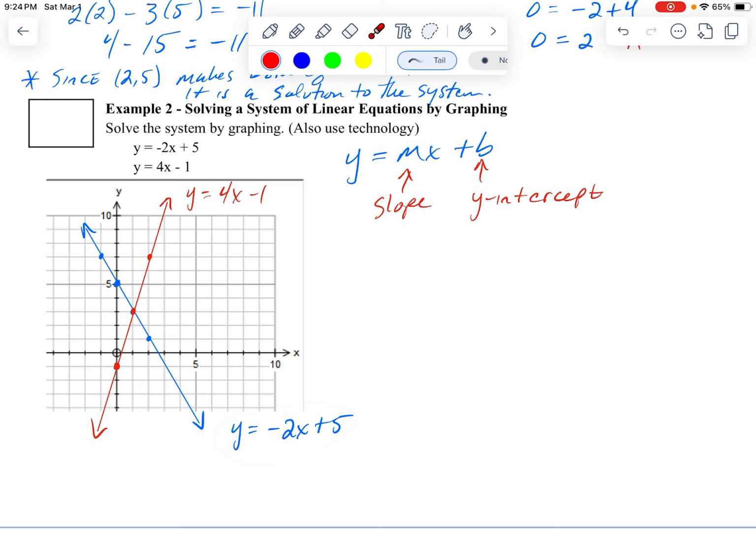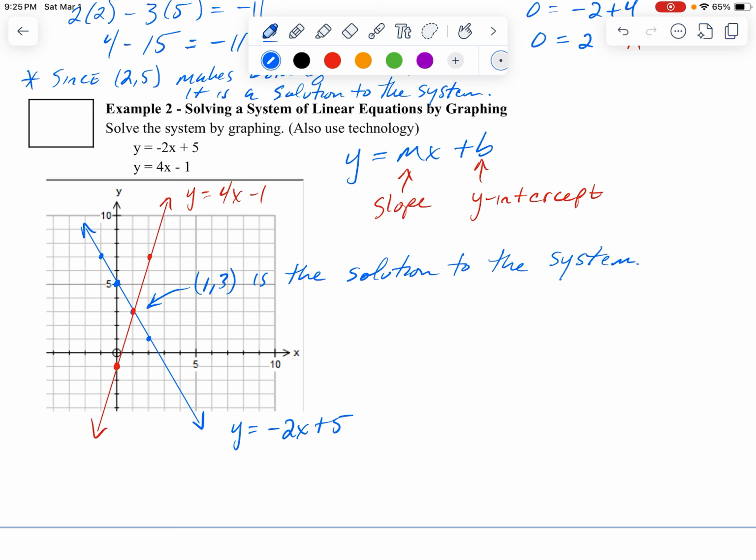It's literally the visual representation of all the solutions to this equation. So it makes sense then, if I find this point where these two graphs intersect, that is one point that is a solution to both equations at the same time. That's what we're looking for when we graph. This point right here, which is 1, 3, is the solution to the system.